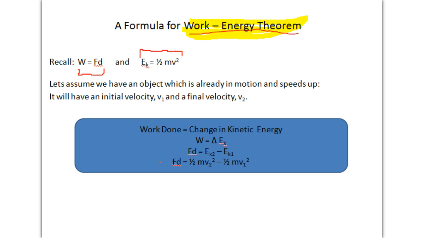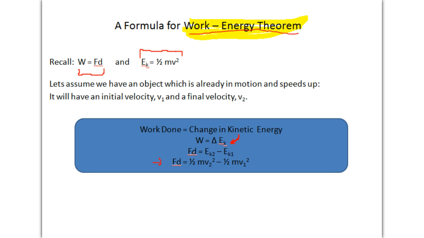What we'll do, we'll just come down here, because we know that the work done equals a change in kinetic energy. So the work equals change in kinetic energy, E for the energy, K for kinetic. And you'll see this would change later in upcoming examples.